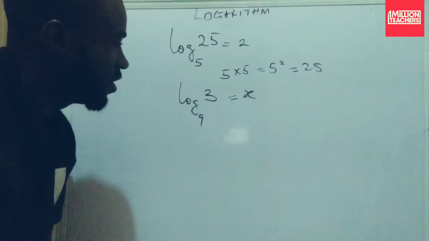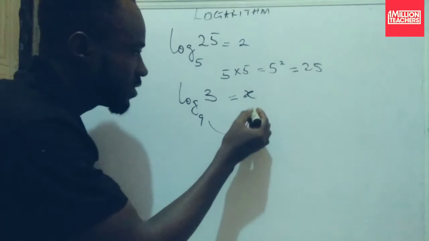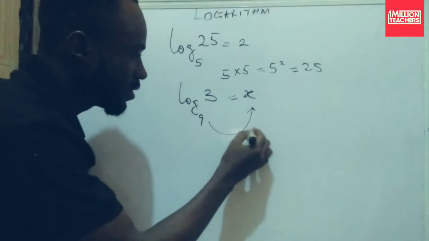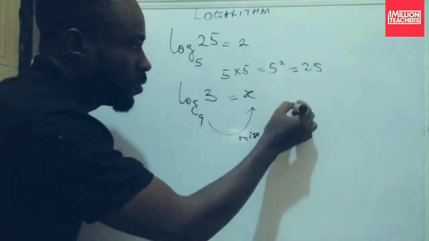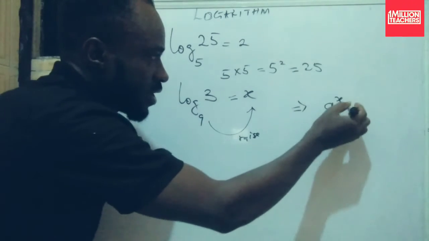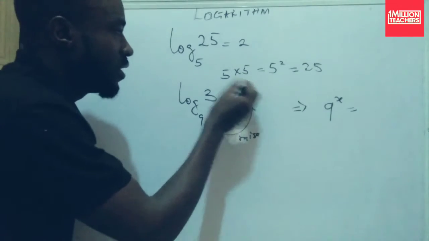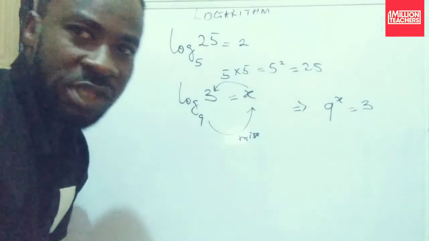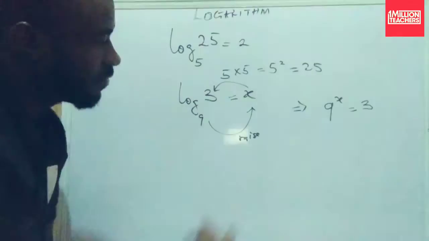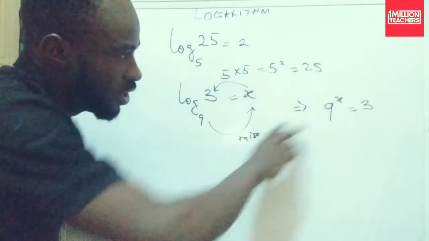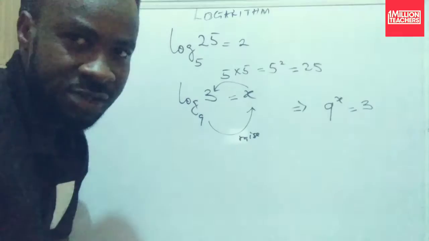And the procedure is this: you go this way, just see my arrow. So this says raise. So if I'm to solve this, it says 9 raised to x is equal to, then I arrive this way, is equal to 3. So what I've just done is I have translated this from the logarithm form into indices.